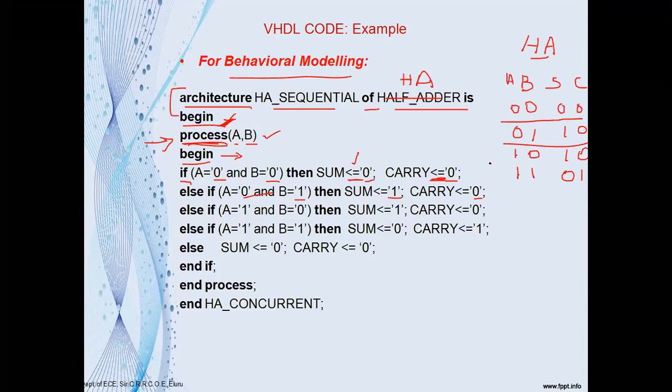And if it is the third case, the 1 and 0 case, that's why here we are using the else if condition. If not this, then else if this one.